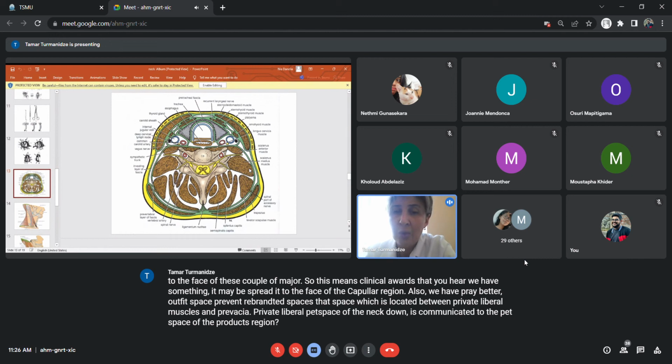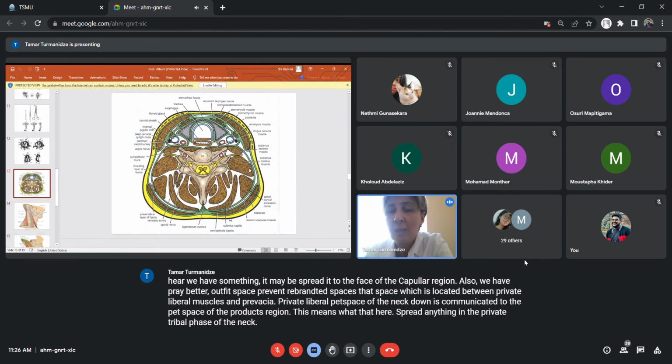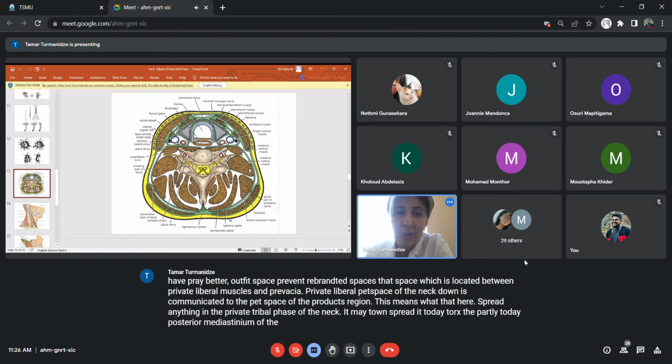This means that if anything spreads in the prevertebral fat space of the neck, it may spread down to the thorax, partly to the posterior mediastinum of the thorax region.